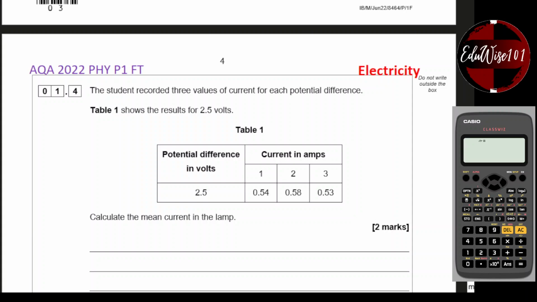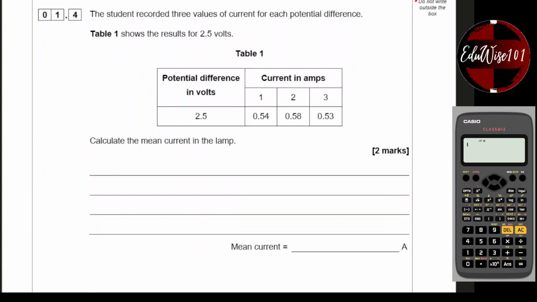Question 1.4. The student recorded 3 values of current for each potential difference. Table 1 shows the results for 2.5 volts. Calculate the mean current. So you need to calculate the mean value of these 3 numbers. How do you calculate the mean?